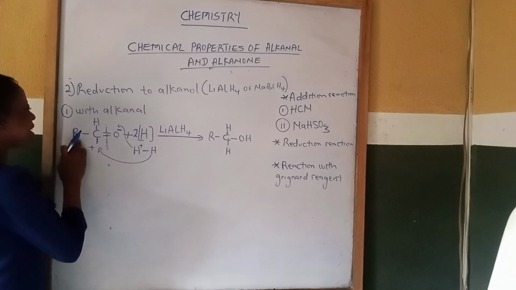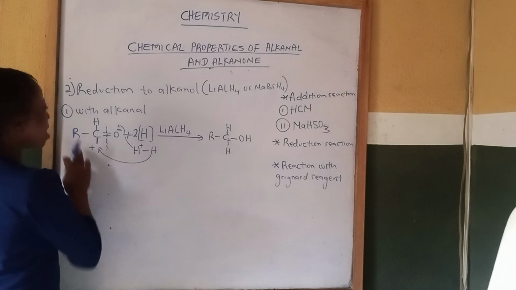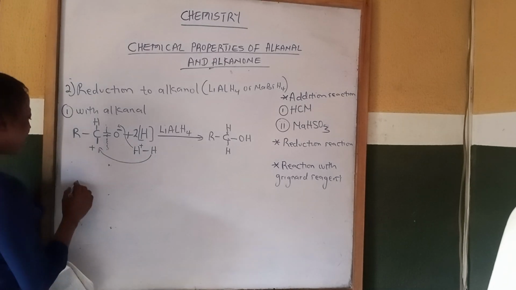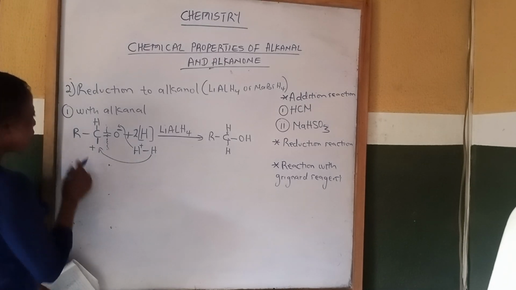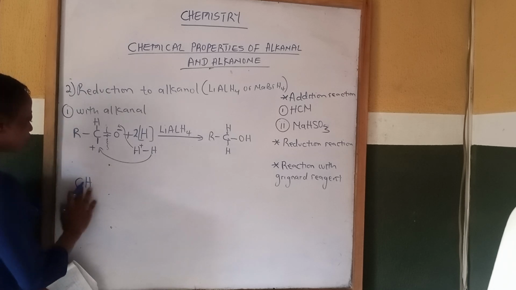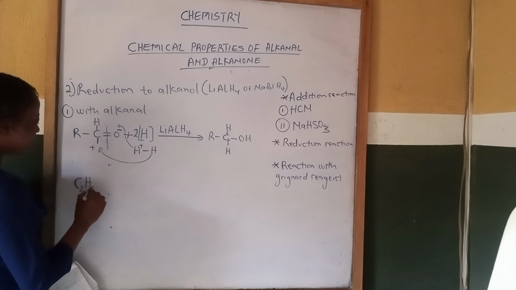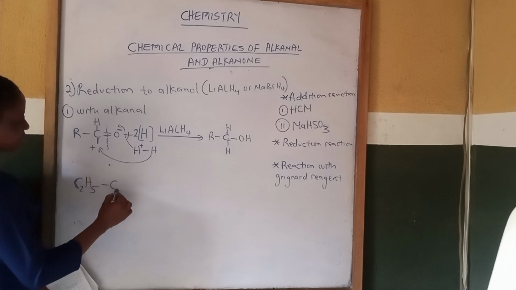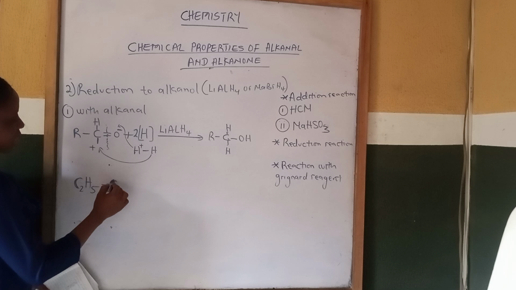So let's take an example of a primary alkanol. I want to replace this R with C2H5, followed by C, then hydrogen.